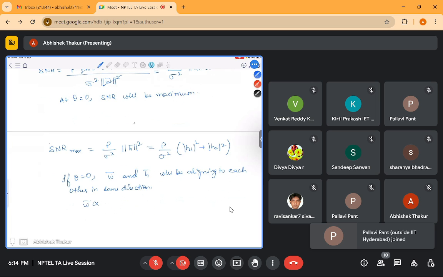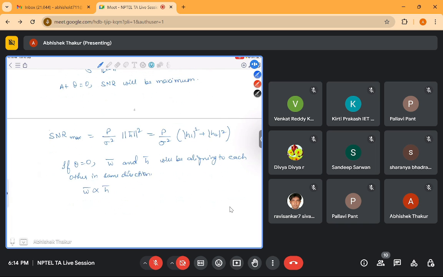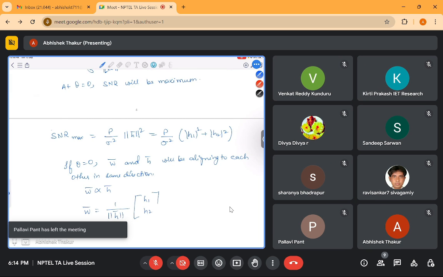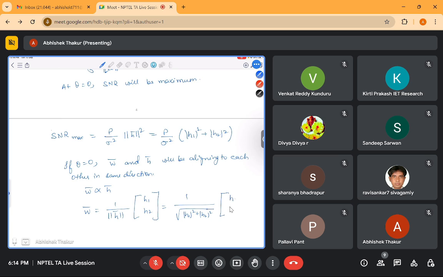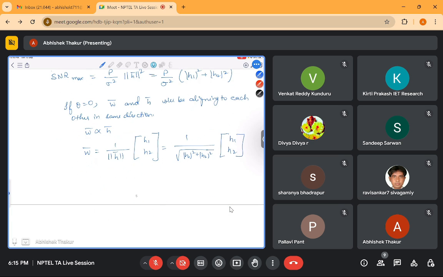So w bar is proportional to h bar, and our w bar will be 1 by the magnitude of the channel vector times h bar.